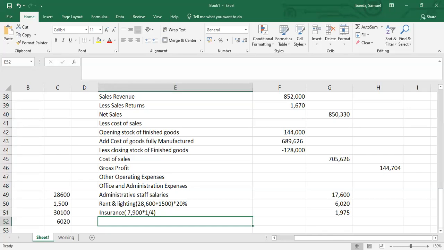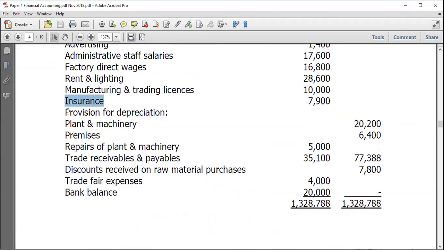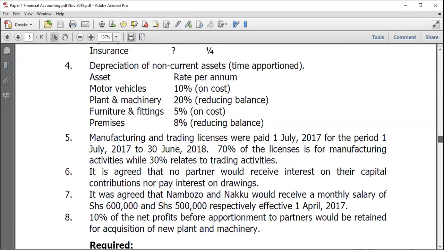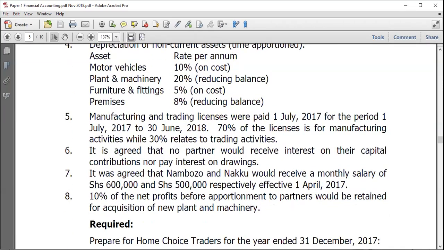Mine is now to move back and see what other costs to look at. Depreciation: office and administration didn't have any assets to depreciate, but in case it had, I would depreciate. I don't have anything here. I think I've exhausted the administration expenses. At least I had the staff, the insurance, and the lighting. Okay, I think what I'll basically move to is my selling and distribution expenses.